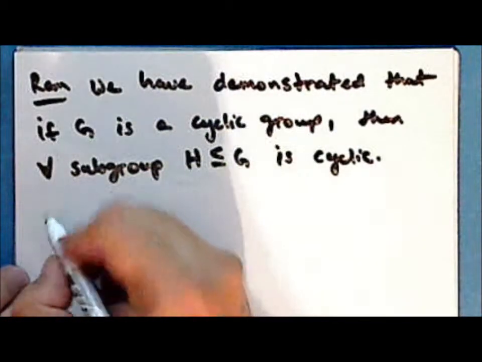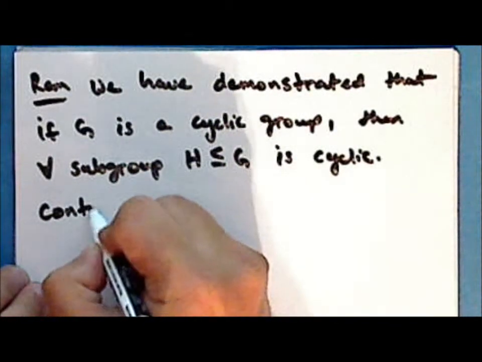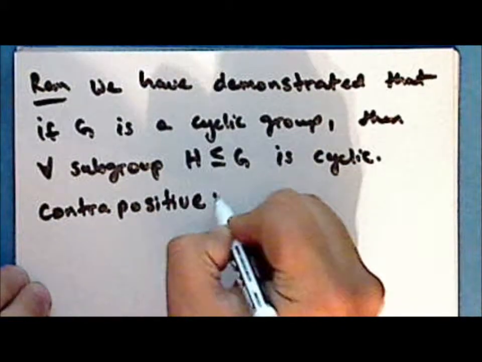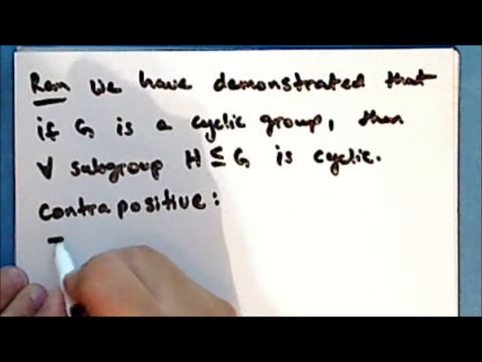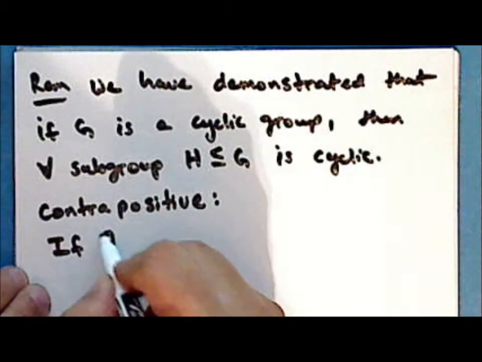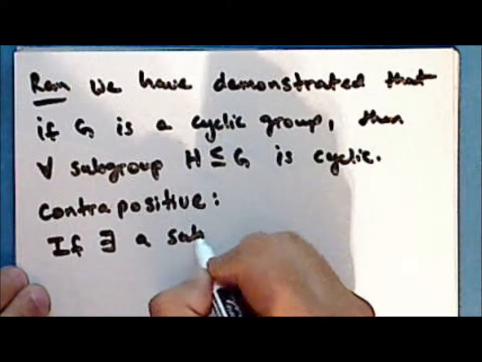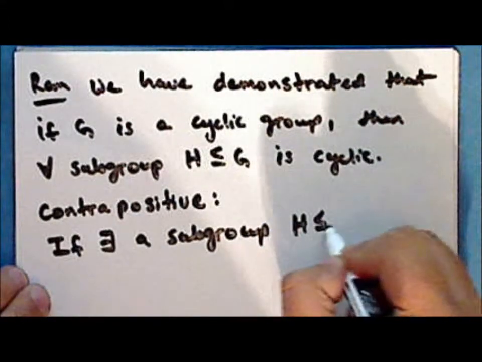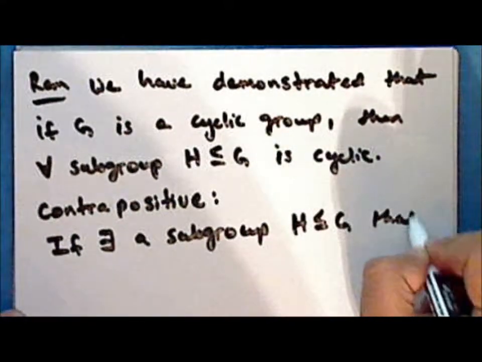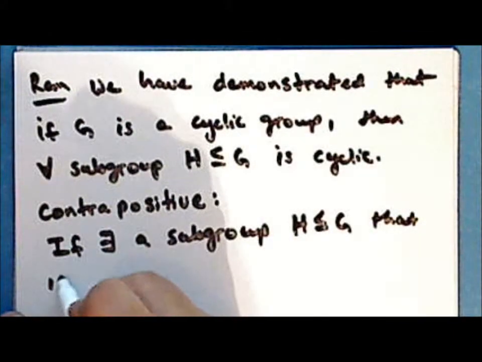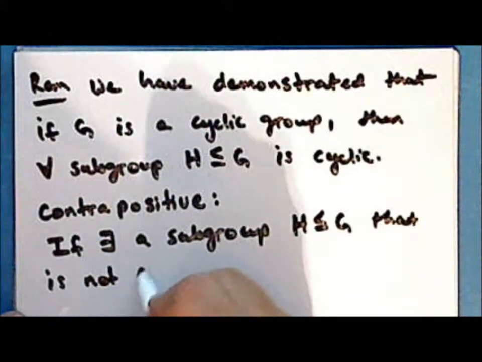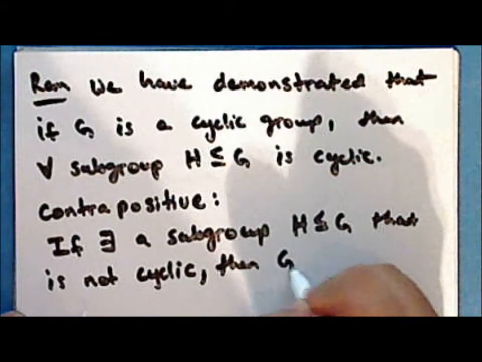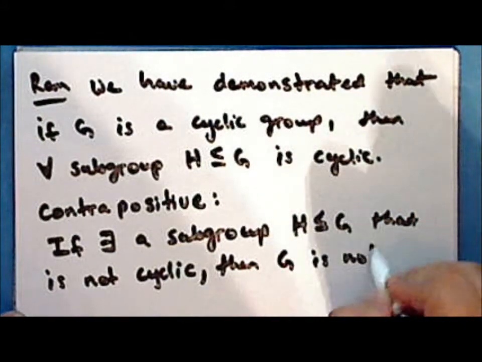Now the contrapositive of this statement is also true. And that is the statement that if there exists a subgroup H of G that is not cyclic, then the group G is not cyclic.